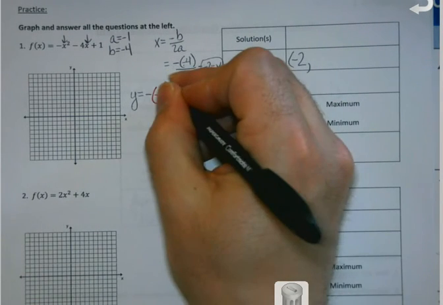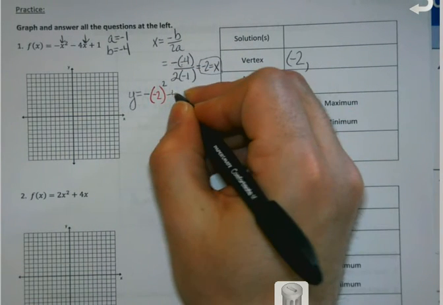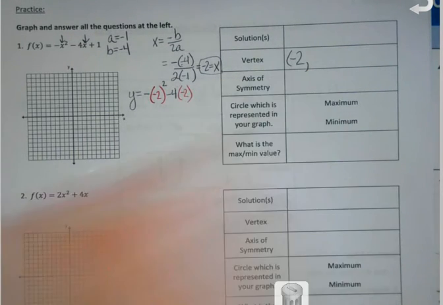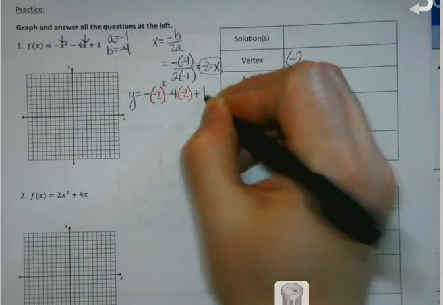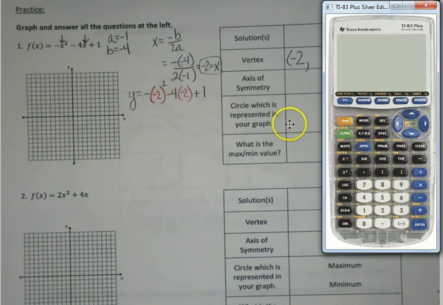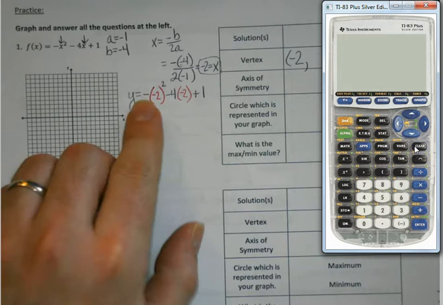Why parentheses? Because when we run into negative values sometimes, and that will happen, I want to make sure I don't have a sign issue. But this is where I'm going to let the calculator help me to not make some of those silly errors that I might possibly make on my own. So I'm going to be careful.